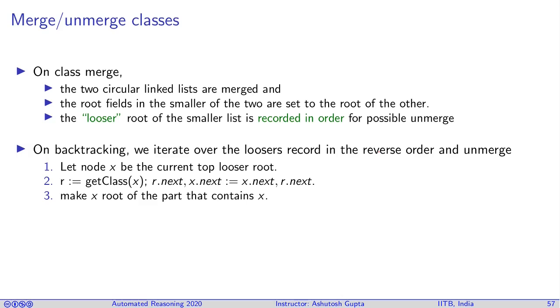R has a size field, X has a size field. At the time of merge, you remember that we updated the size of R, not the size of X. So X still has its old and correct value, so we don't need to update it. R must have a larger value. What you do is take the size of X and subtract it from the size written in R, and you get the new size for the equivalence class where R lives.